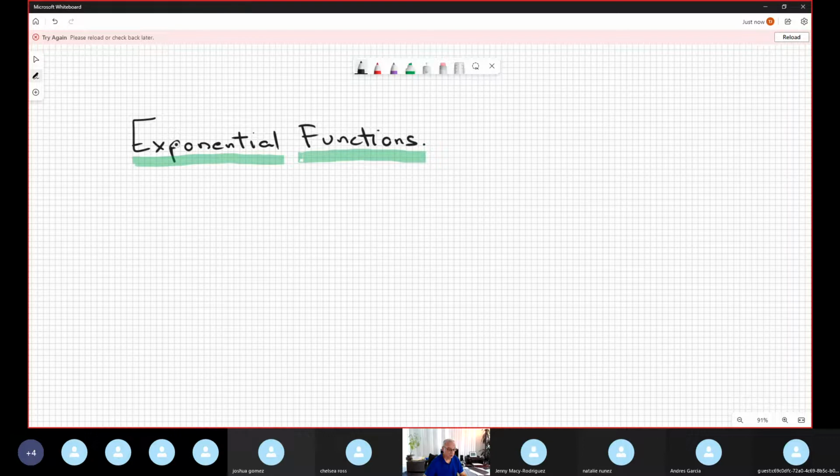We study different elementary examples, and after, you see the properties for these functions. It's a very counter-intuitive idea, the exponential function.